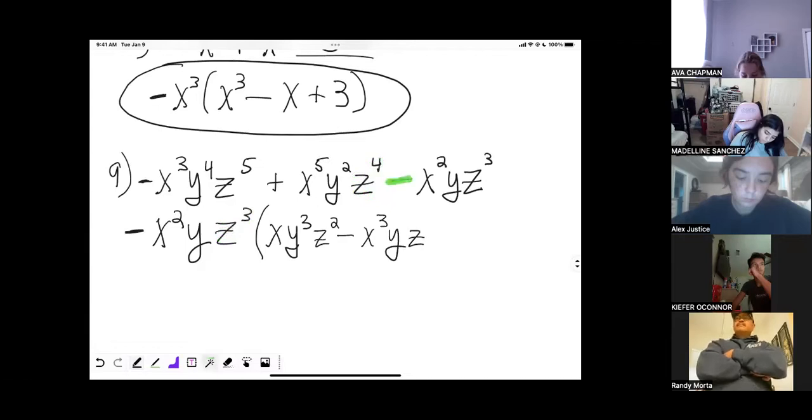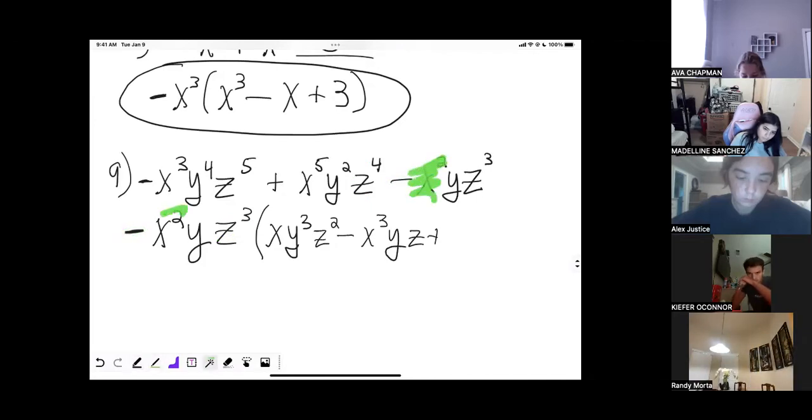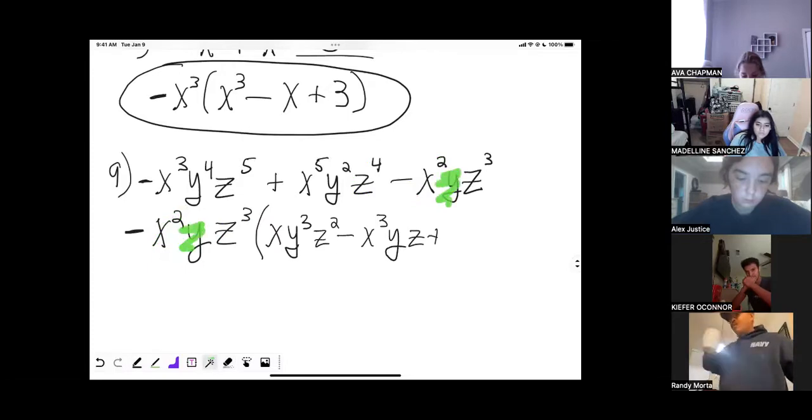And now negative divided by negative is a positive. X squared divided by x squared, that's 1, so I don't have to write that. Then I have y divided by y, that's 1, I don't have to write that. And then lastly, I have z to the third divided by z to the third, that's 1.